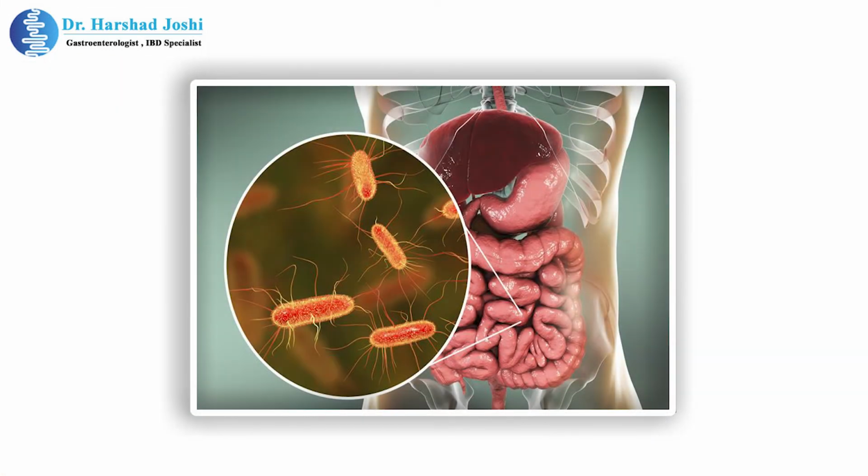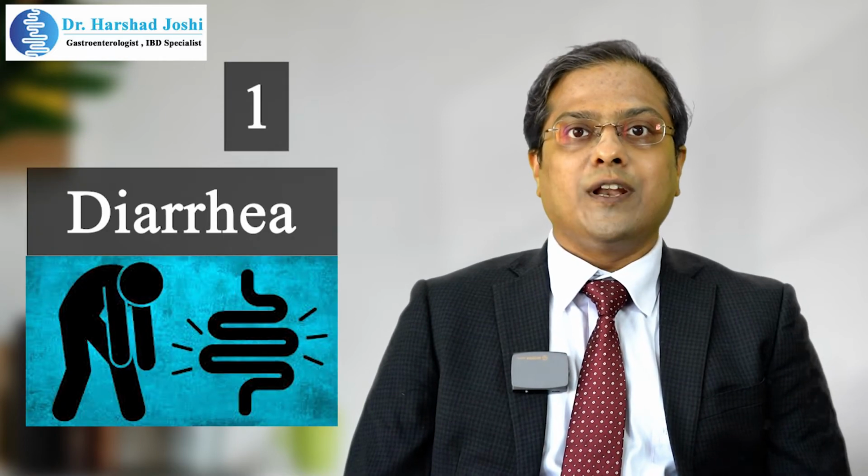What are the common symptoms of IBD, or when is it that you should consult your specialist for getting the diagnosis? So the common symptoms of IBD are: one is diarrhea. That is the commonest symptom both in ulcerative colitis and Crohn's disease. Some patients of Crohn's disease can also have constipation, but that is less common.